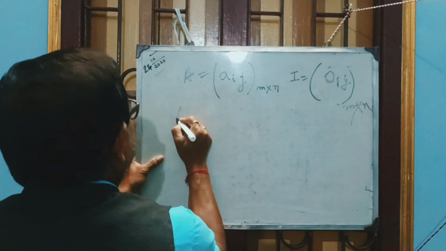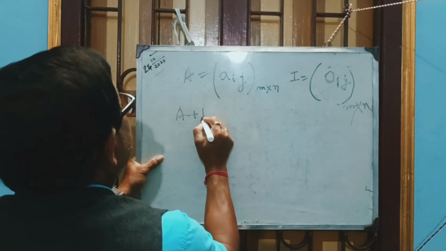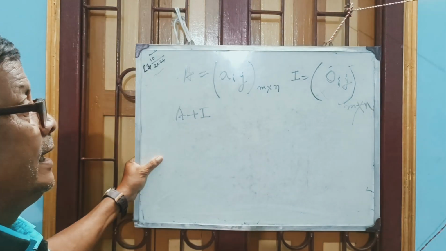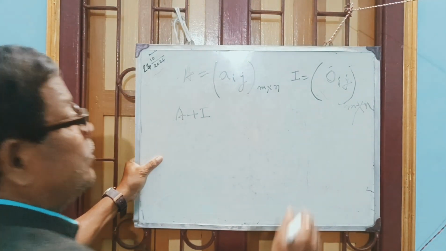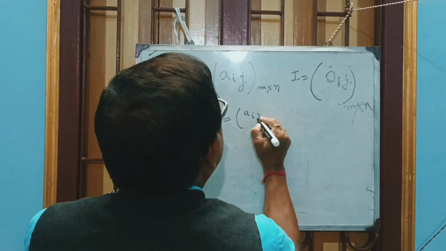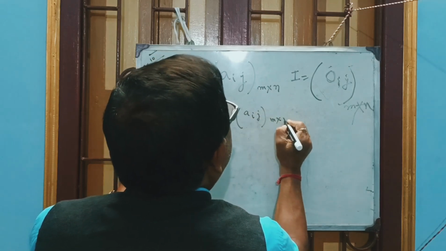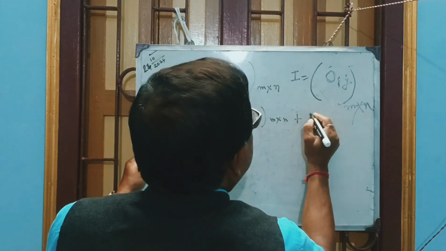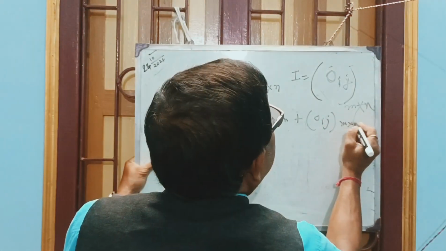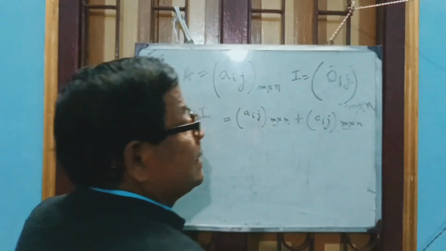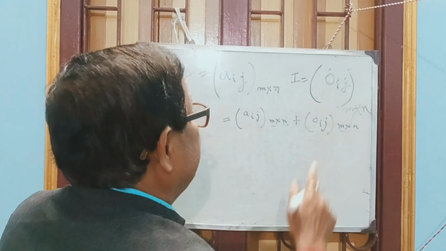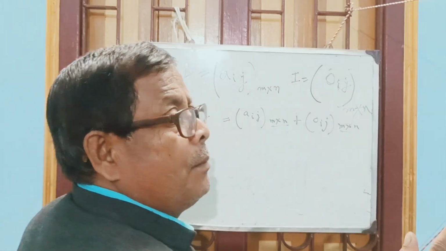Then A plus O: if we add the matrix A with the null matrix, what will be the result? a_ij of order m by n plus 0_ij of order m by n. The orders are the same, so matrix addition is possible.